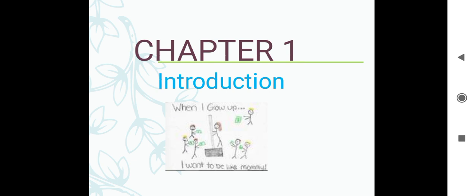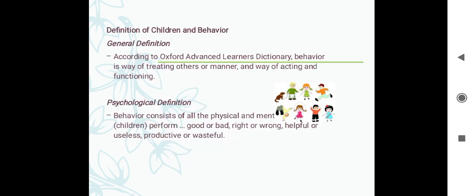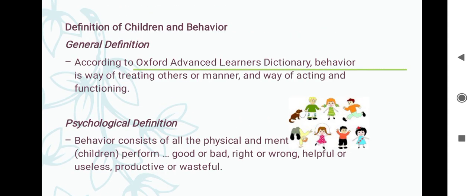Alright, let's look at the definition of children's behavior. So there are two definitions. First is the general definition, and number two is the psychological definition. The first one, let us look at the first one.